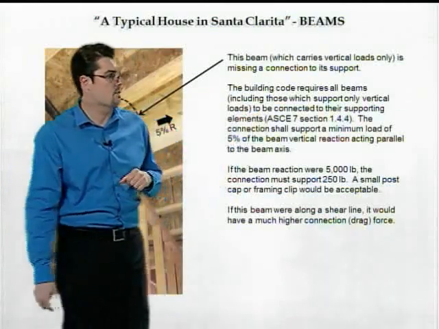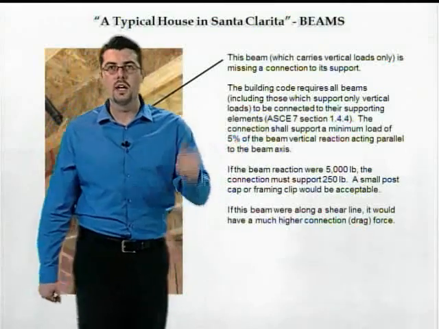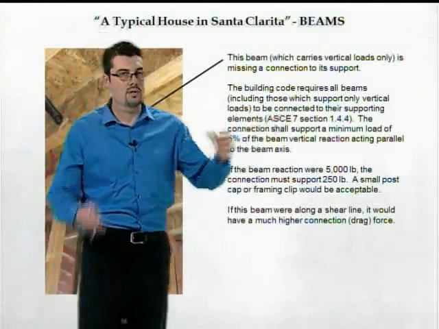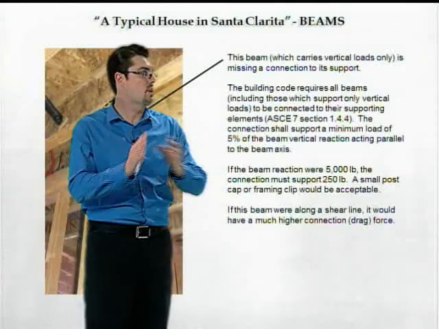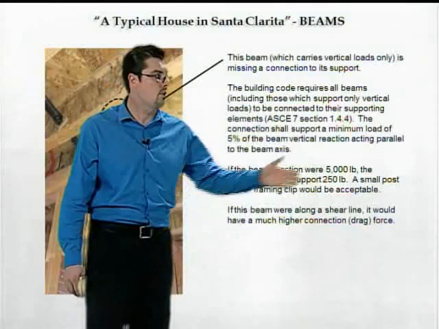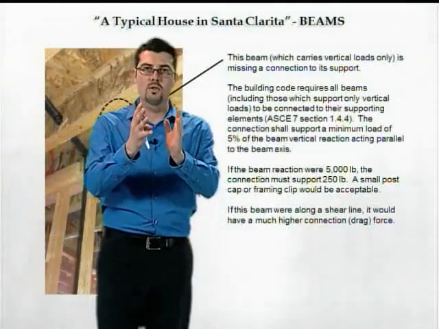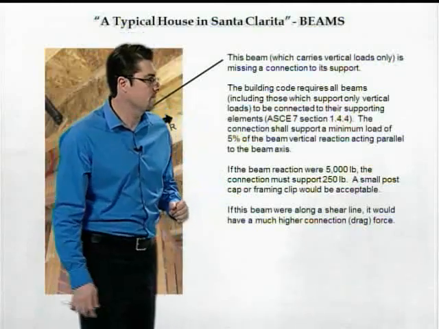And there's the code section there that requires that. If there's no lateral force on a beam, you still have to connect it for at least 5% of that vertical load. So if the beam reaction were 5,000 pounds, the connection must support a load of 250 pounds. Not hard to do. A small post cap or framing clip will do that job.